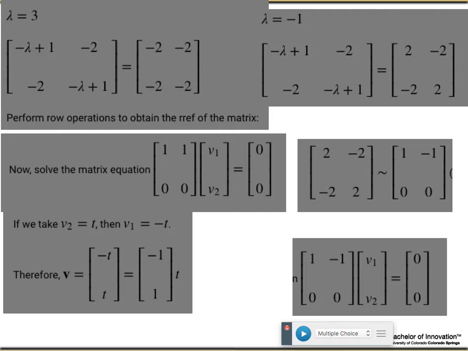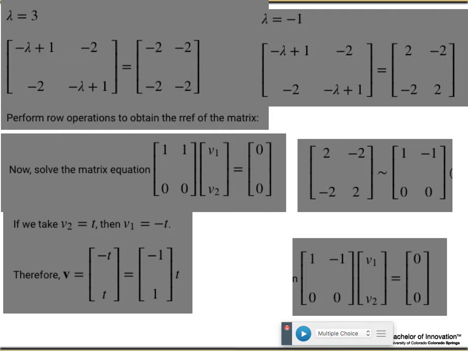So now I have to solve this. I have to solve 2x1 equals minus 2x2. Oh no, sorry, equals 2x2.